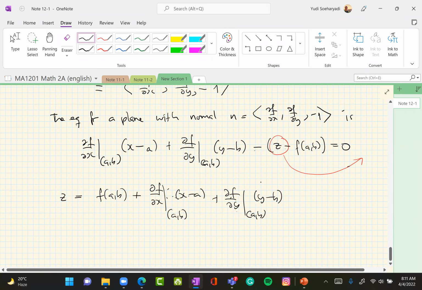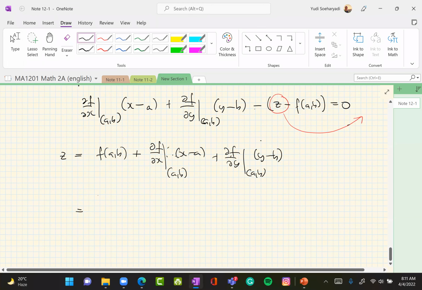Okay, so this is the equation, and you can further rewrite this as, let's see, this factor here: df dx, df dy computed at a b, dot x minus a, y minus b.